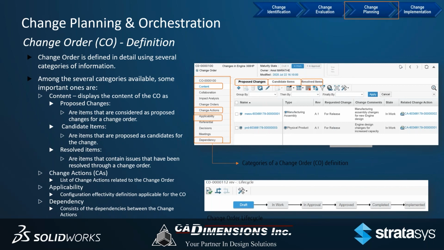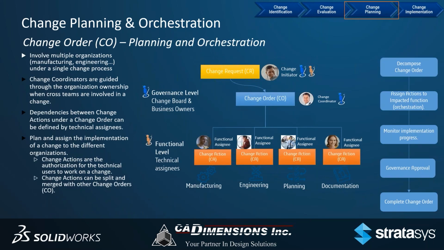We're going to keep track of items that have been resolved through the change order, they've been completed. It's going to have all the change actions. Dependency, if it's dependent on other orders being completed. This is all done from a manager's perspective, which allows you to see into each of those pieces.